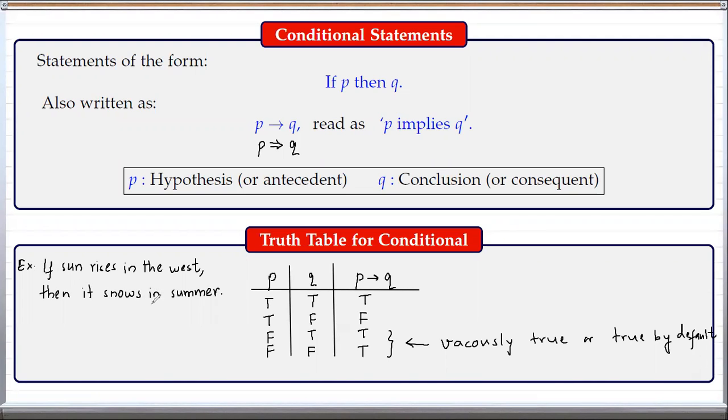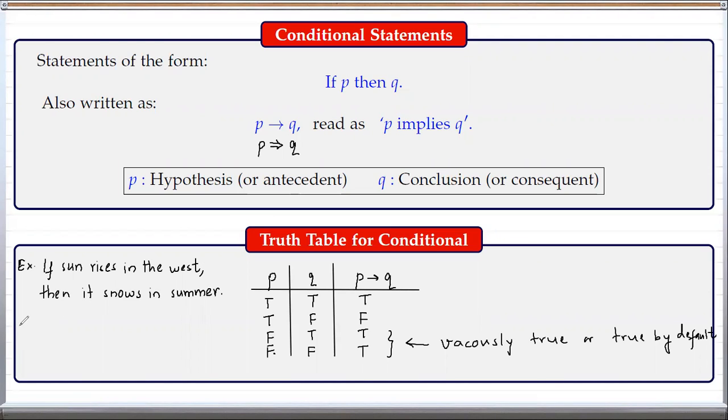This is a true statement. The whole conditional is a true conditional because the hypothesis part, if the sun rises in the west, is false. So here we have false implies false. The if part is false, the then part is false separately. So we have false implies false, but the whole conditional is true.